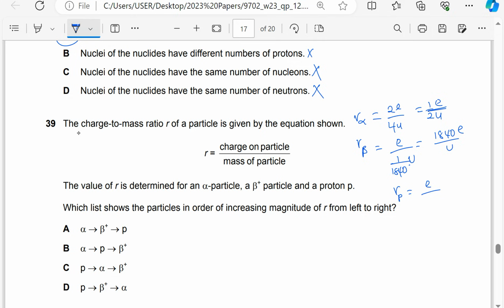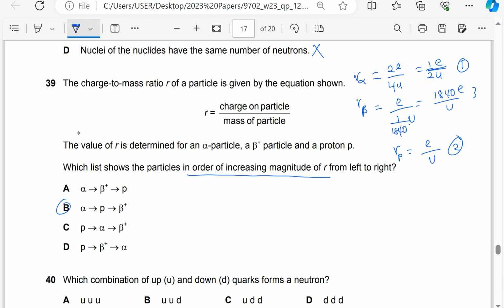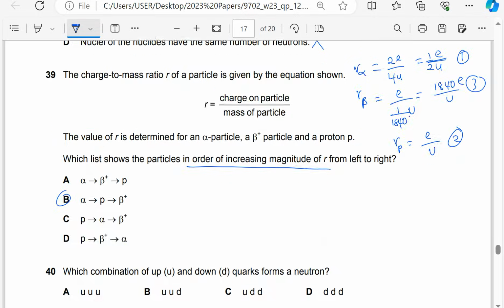The mass of a proton is u. So which one is the biggest? In order of increasing magnitude, beta is the biggest. Alpha is going to be the smallest. So this is 1, 2, 3. So the answer is going to be B. Alpha, proton, then beta. So beta has the greatest charge to mass ratio.